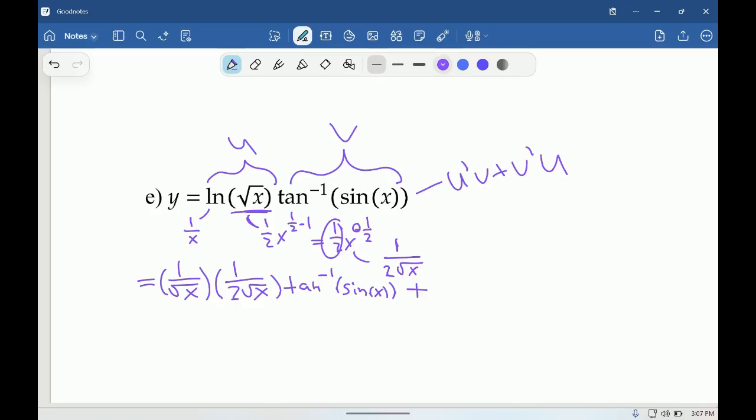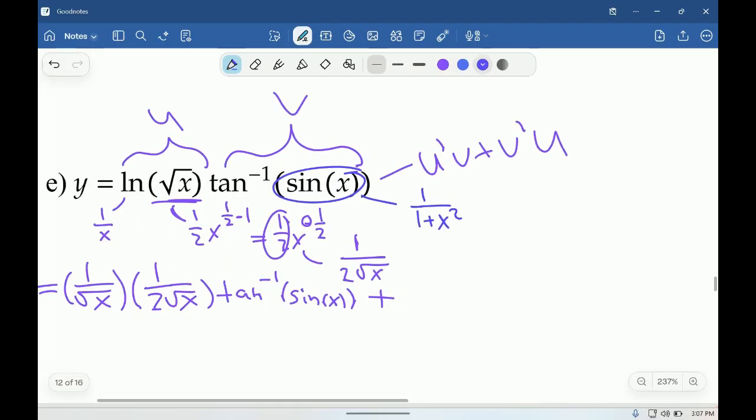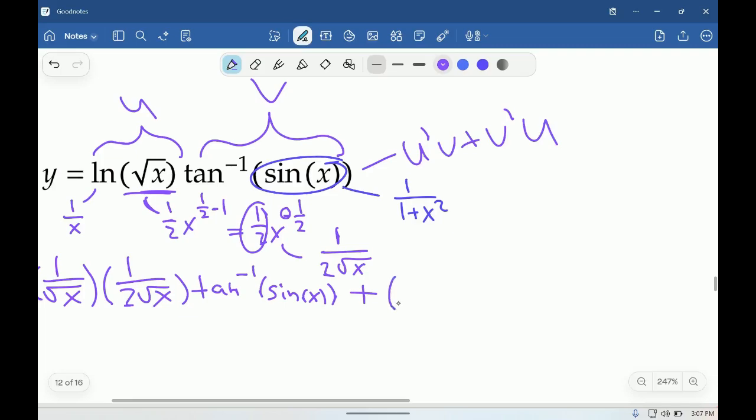And now we need to find the derivative for our v, our second term. Because it's an inverse tangent, it's going to be 1 over 1 plus x squared, but our x is sine x, so our derivative for that is going to be 1 over 1 plus sine squared x.